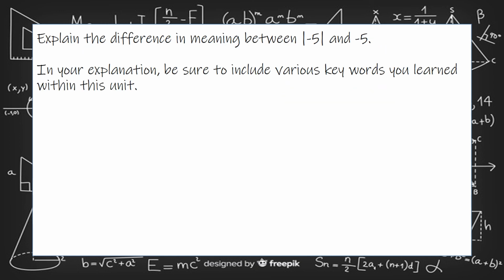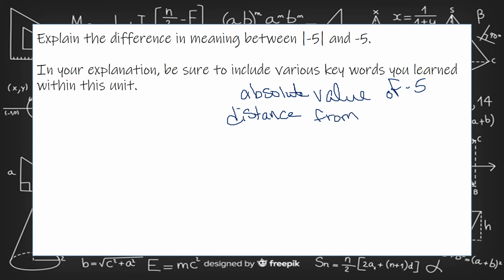Explain the difference in meaning between the absolute value of negative 5 and negative 5. So you need to use the absolute value. The absolute value of negative 5 would be the distance, and write this in full sentence form: the distance from 0 equals 5.